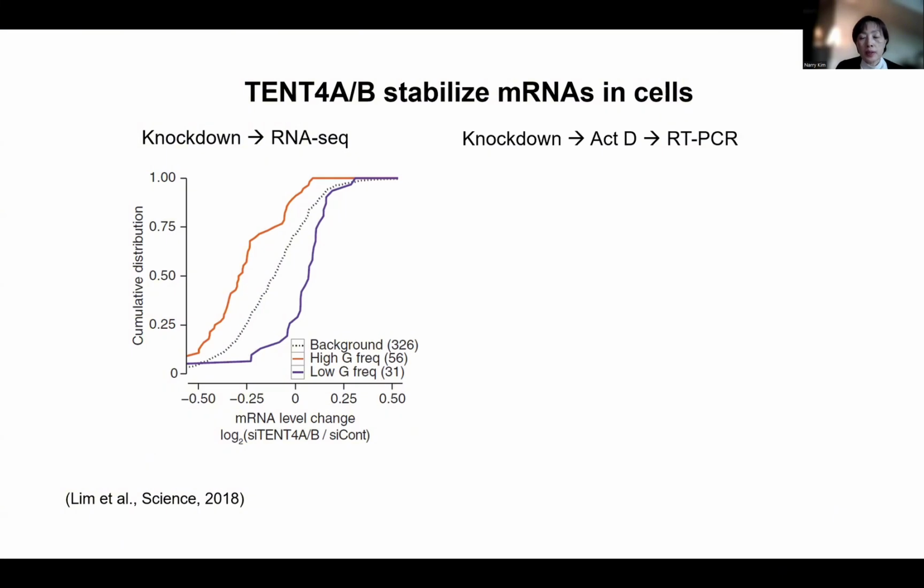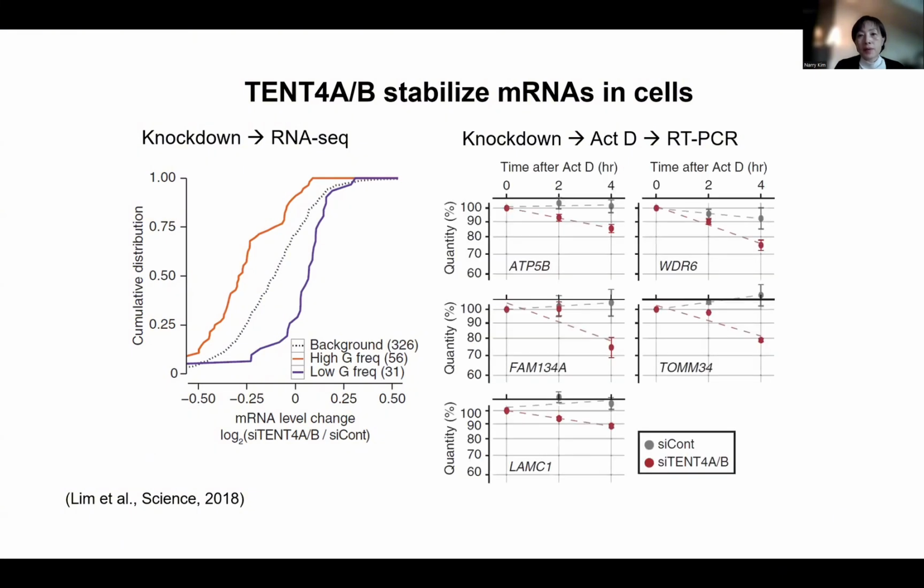You can also look at individual genes by treating the cells with actinomycin D that inhibits transcription and perform RT-qPCR. And as you can see, TENT4 depletion leads to faster turnover of these transcripts.